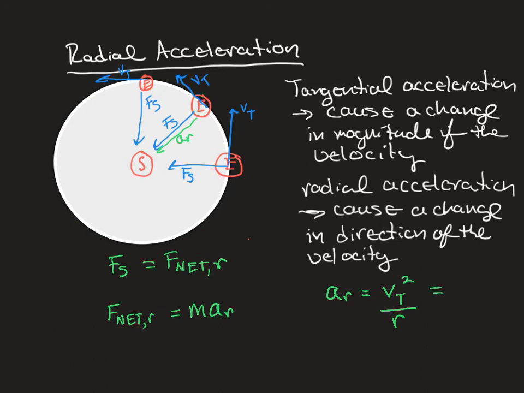Or we can rewrite it in terms of angular quantities, which is r times the angular velocity squared. So we would use the same procedure as before, where you would sum the forces acting in the radial direction and set them equal to mass times acceleration in the radial direction. We just have a separate formula for how we solve for acceleration than the ones in the kinematic equations.